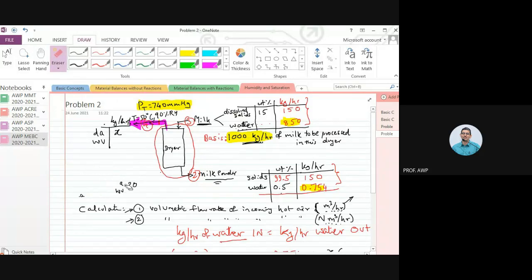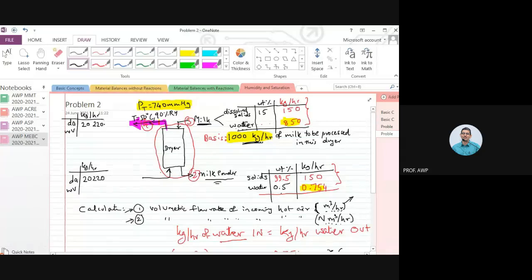Now I don't need the humidity values, I already have the humidity values, right? So the dry air coming in and water vapor coming in. Dry air coming in kg per hour, 20,220. Dry air going out, 20,220.